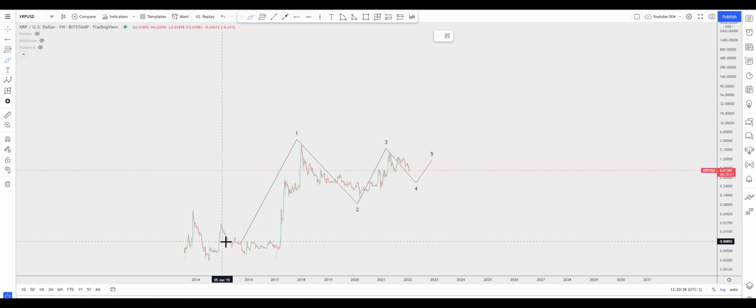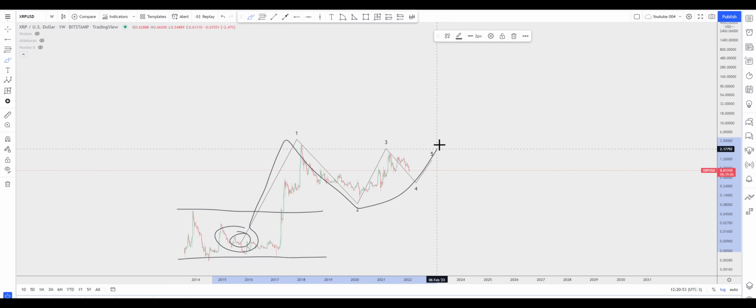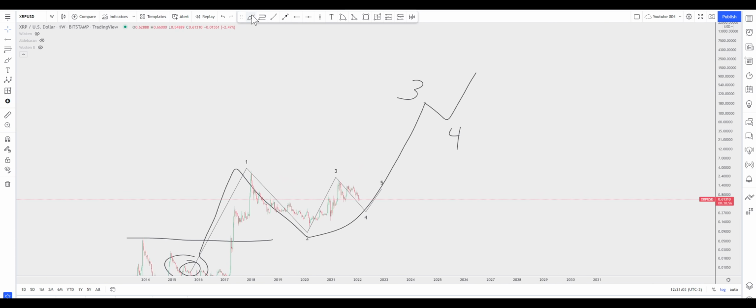Again, 0 from the previous structure. Then we have 1 and 2. Why? 0, 1, 2. The break for 3 and 4 and 5, whatever 5 will be.